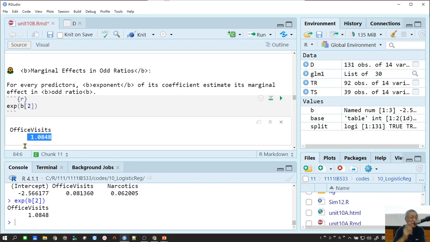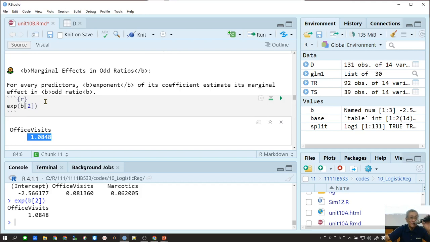There's one thing that you need to know very carefully. Right now we are talking about the multiplier of odds. It's not the addition of odds, okay? It's the multiplier of odds, because odds by itself is a ratio, right?